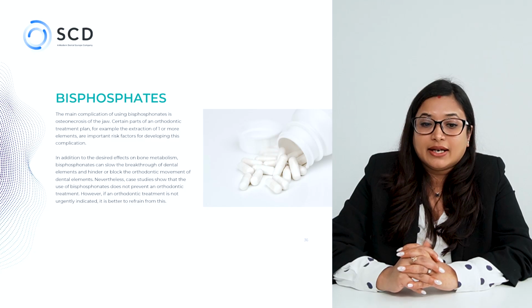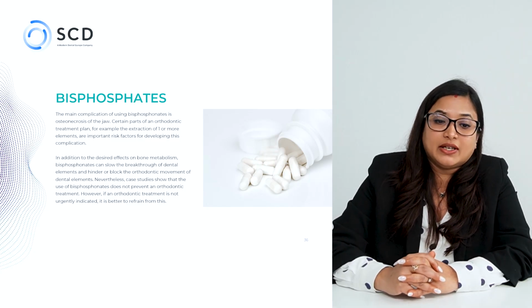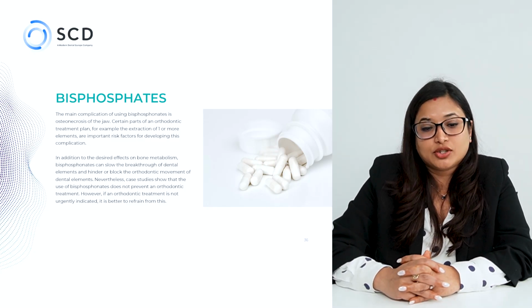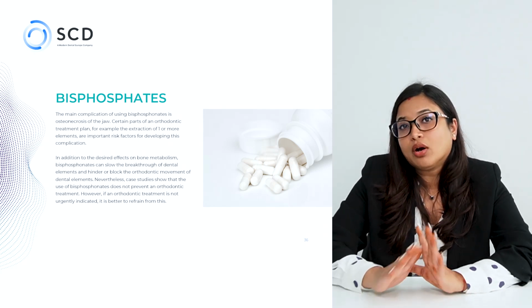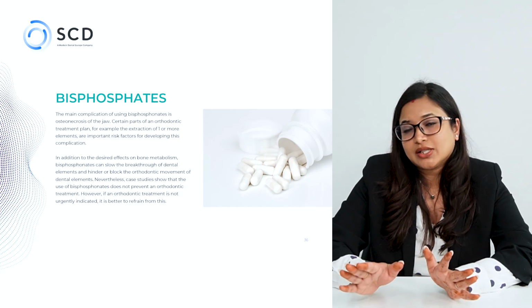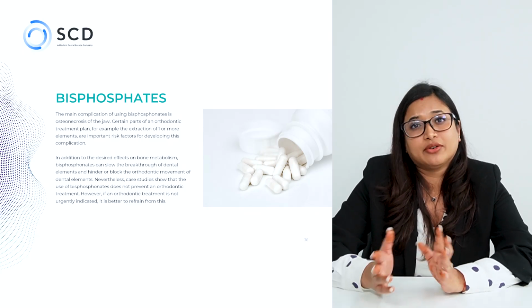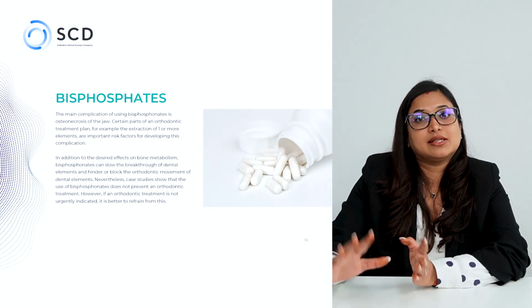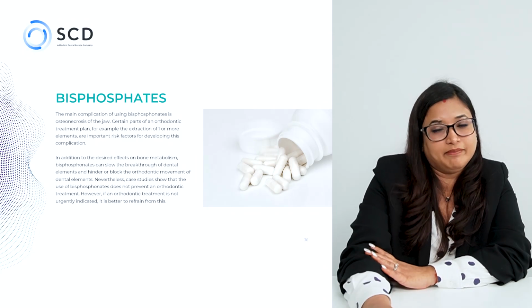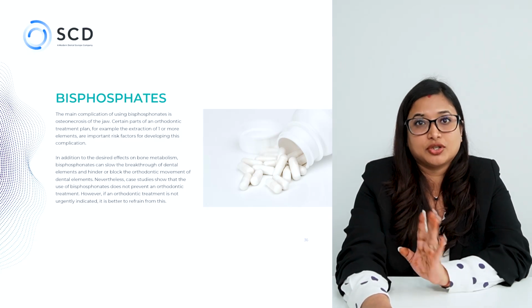In addition to the desired effects on the bone metabolism, bisphosphonate can slow or block the orthodontic movement of the dental elements. So not only for clear aligners, even for a normal orthodontic treatment, even sometimes for implant cases, we usually defer the patient from going under any kind of treatment unless they have stopped their bisphosphonate. So yeah, it is better to defer it till the time they finish the bisphosphonate treatment.